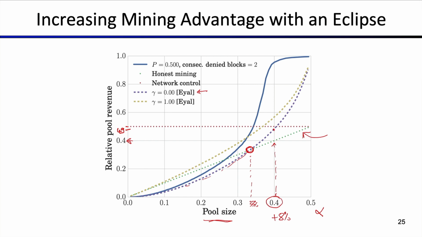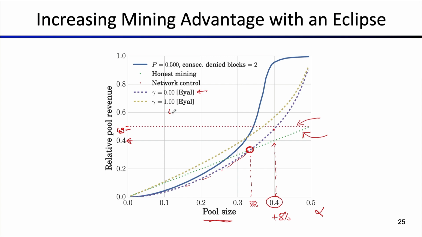We have a 48% revenue despite only owning 40% of the network, which is super dangerous. And as you might know, once we go beyond 50% of the relative pool revenue, we basically own the chain, because we have a majority voting right, so we can double spend and outrun basically any honest player.